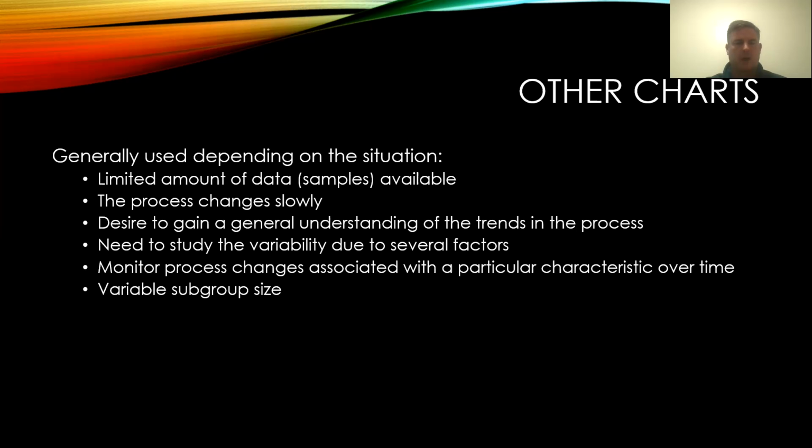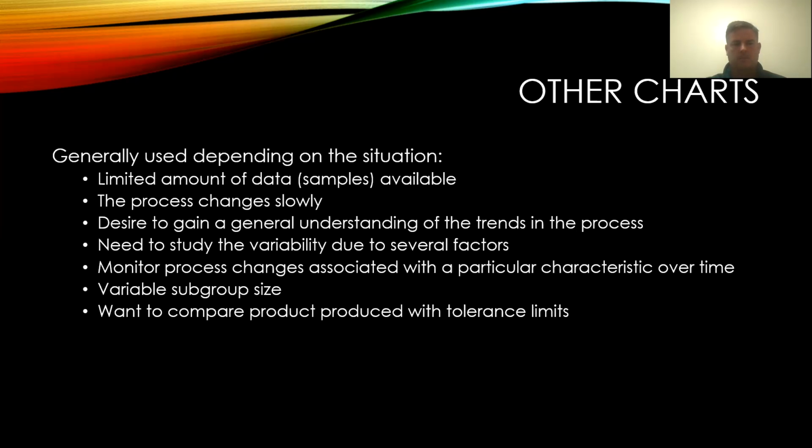In situations where you have a variable subgroup size, so the subgroup that you have changes, you're not going to have a lot of data, so your subgroup is going to change. That changes how you measure it and how your chart looks. Then there's comparing a product produced with just the tolerance limits alone. We'll see that later on as well.